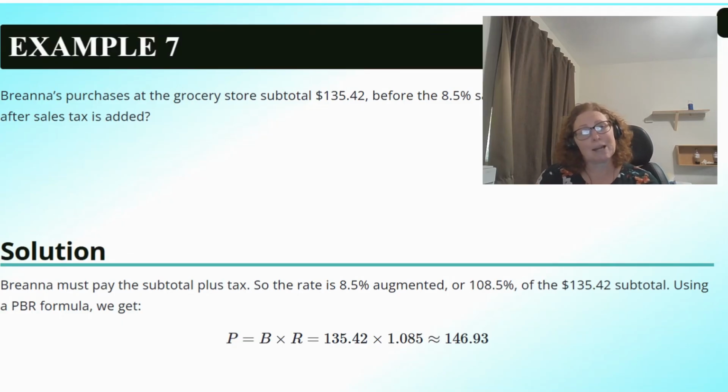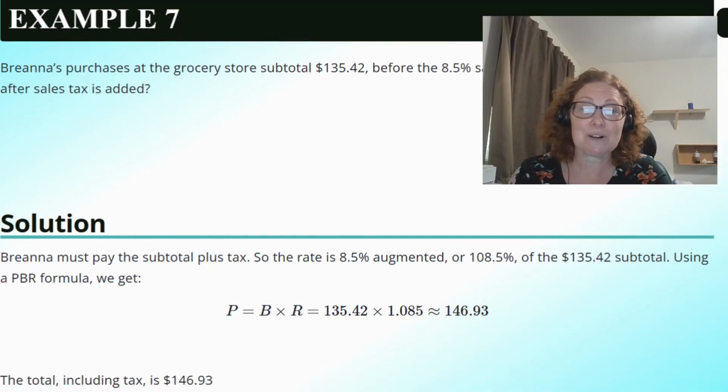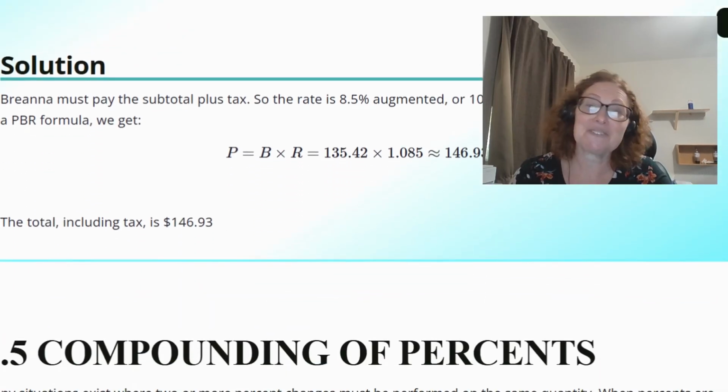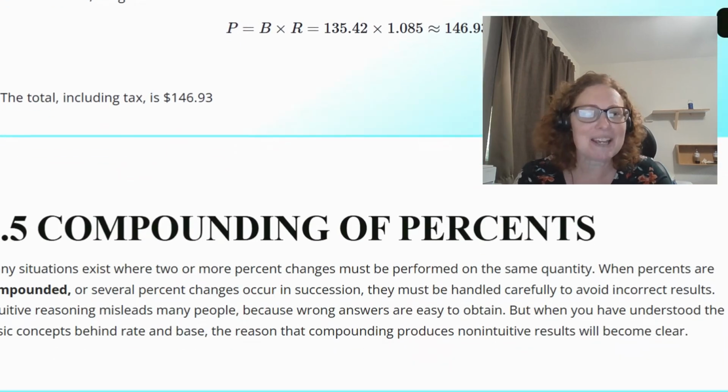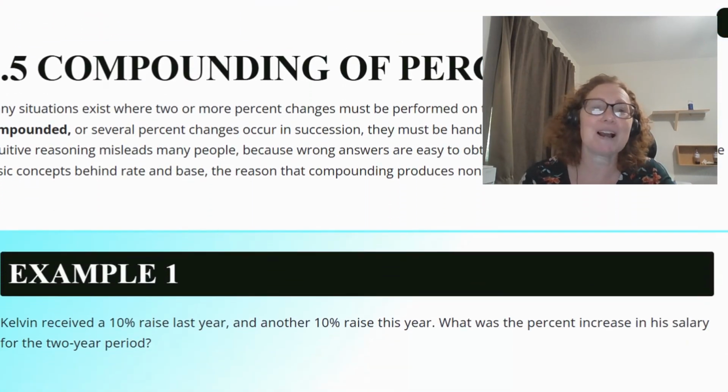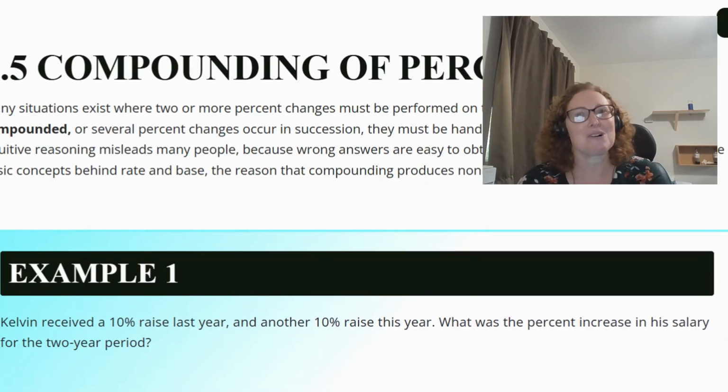You can either augment it by making it 108.5%, and multiplying the 135.42 times that 1.085, or you can say 135.42 times the 8.5%, which is 0.085, get that answer and add that to 135.42 to give you the 146.93. So different ways of doing it. Come up with the same answer. Whatever works best for you, however you can find the answer, that's the way I want you to do it.